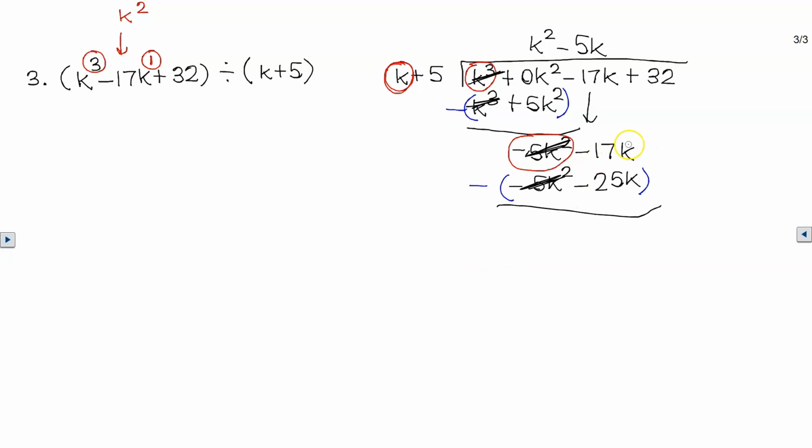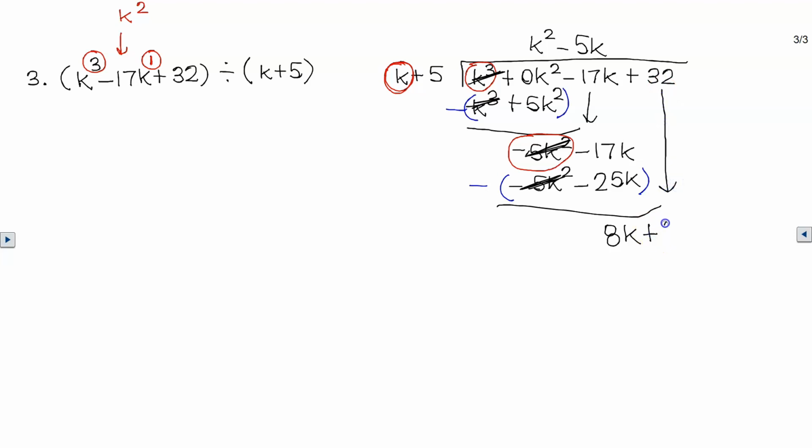On this next part, be careful because you're doing a negative 17k minus negative 25k. So again, minus and negative will change into plus. So you're doing negative 17 plus 25. And that is 8k.